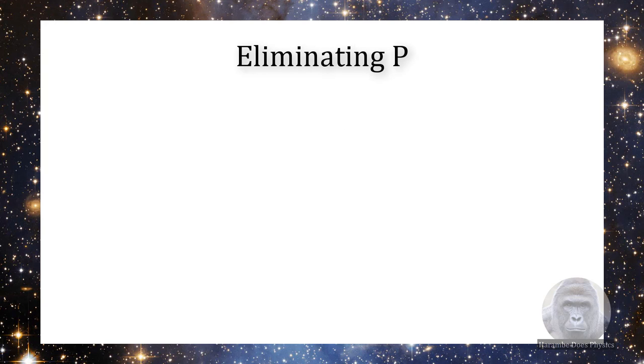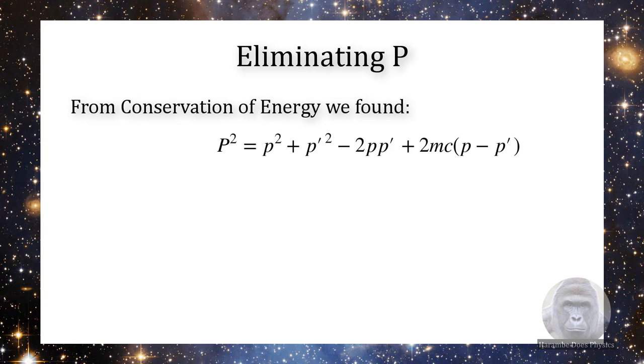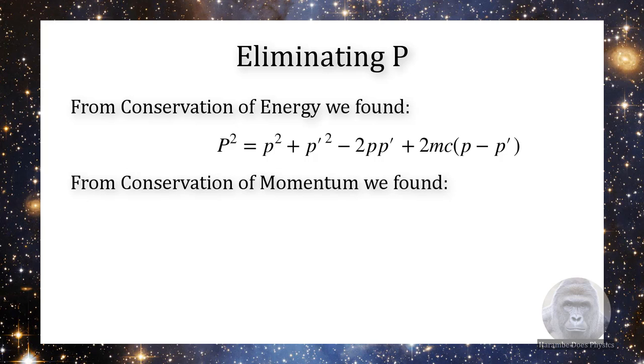Now, to eliminate the particle's momentum, we examine our reduced expressions together. From the conservation of energy, we found that capital P squared equals p squared plus p prime squared minus 2p p prime plus 2mc times the quantity p minus p prime. From conservation of momentum, we found that capital P squared equals p squared plus p prime squared minus 2p p prime cosine theta.